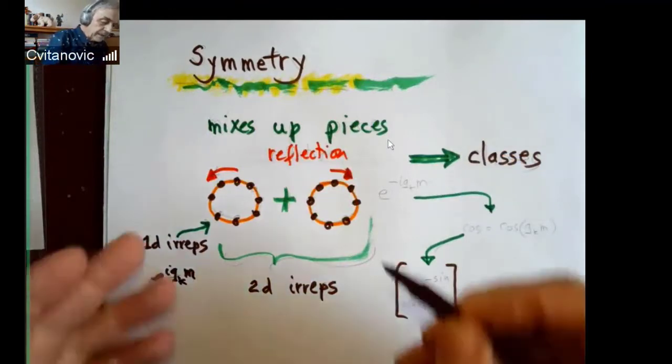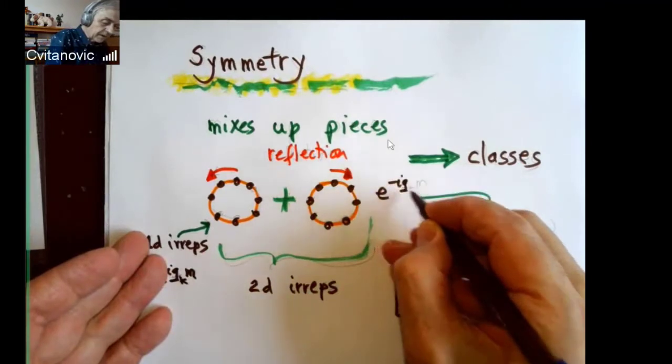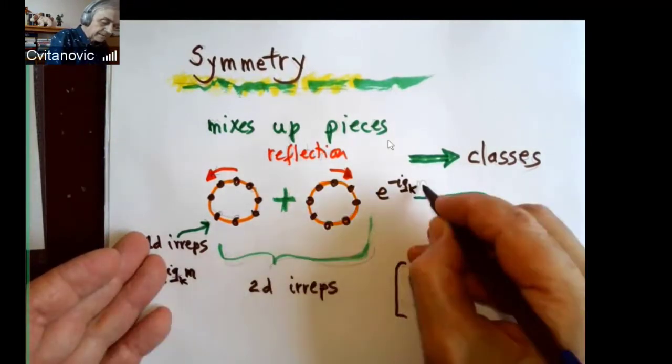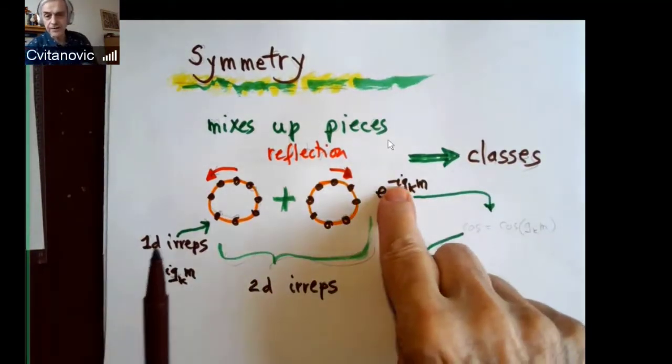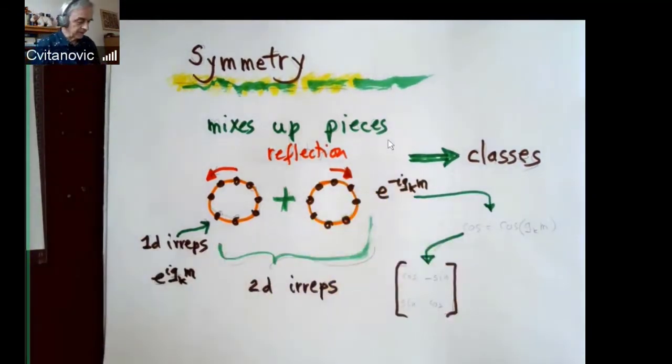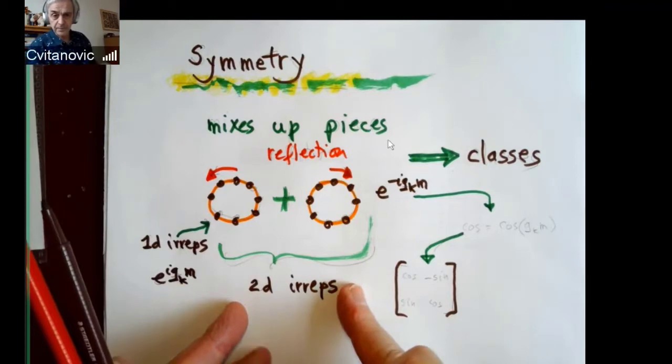Now, if I go the other way around, it would just mean that I change the sense of rotation, and a minus would show up in the roots of unity. And if I say I can distinguish left and right, then I have to put them together. They'll actually give me two-dimensional irreducible representations.